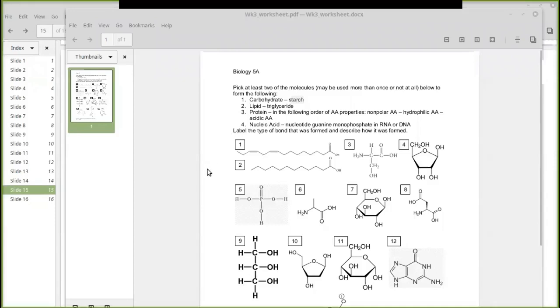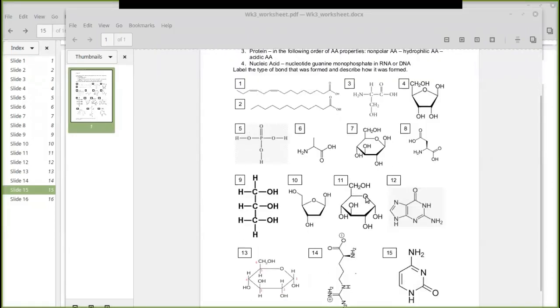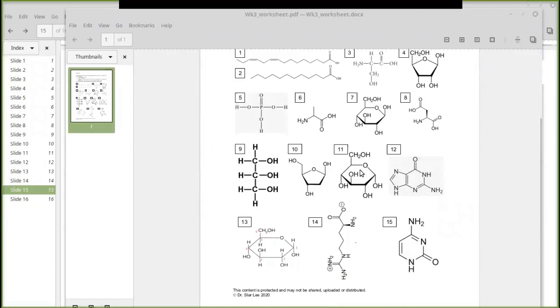Okay. And carbohydrates are complex and simple, right? What are simple carbohydrates? Sugars, right? So sugars are simple carbohydrates. Does this look like a sugar to you? Carbohydrates are carbons, hydrogens, and oxygens.